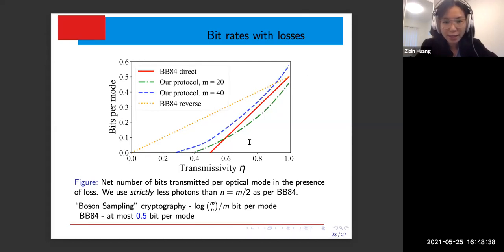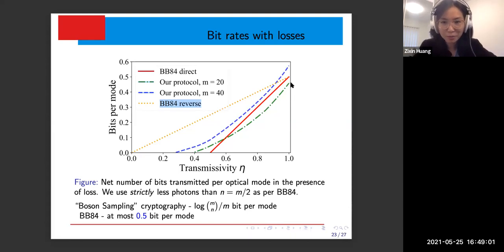So you see that if we're using 40 modes, optimized over the number of photons that you transmit at the beginning, depending on the loss parameter, then our protocol can potentially beat the BB84 direct reconciliation for all loss parameters.